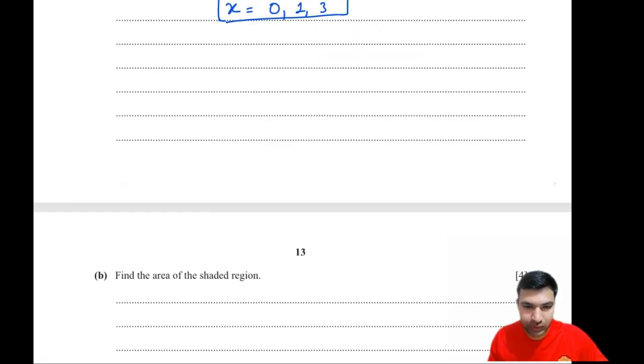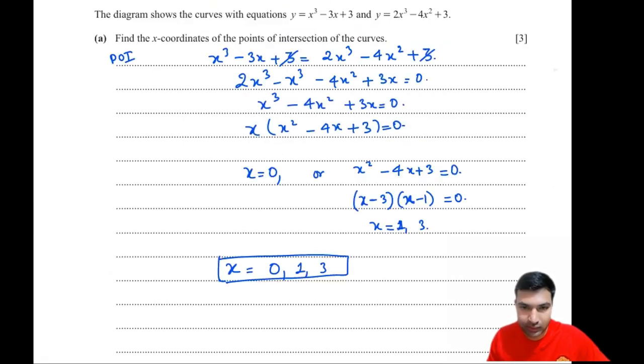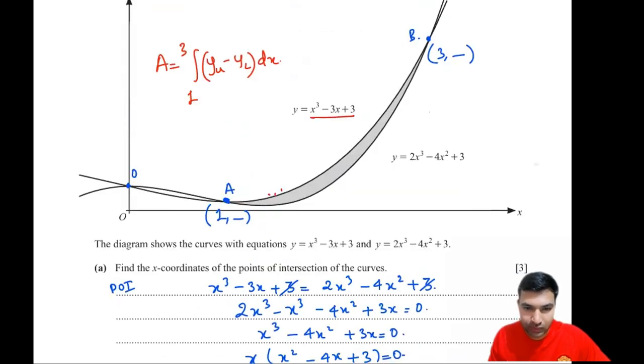Now moving on to the next one, we have to find the area of the shaded region. So for the shaded region, I need these points. Okay, so here, if I see, the value of x goes from a to b, right? These are the values of x. So we need to integrate from 1 to 3. And how do I get the area between the curves? It's always upper minus lower, right? So from 1 to 3, the area becomes the integral of the upper curve minus the lower curve.